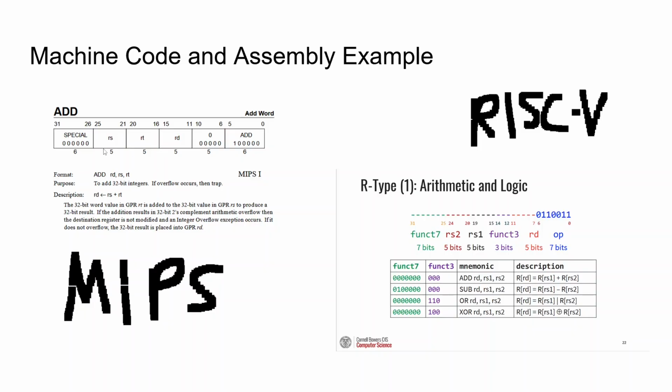RD is the destination register. RS and RT are source registers. You read it like this: I'm going to add the source register and the other source register. I don't know why they call it RT, but maybe it's because T comes after S. Anyways, RS plus RT goes into RD. That's a bit weird, but that's how it is.